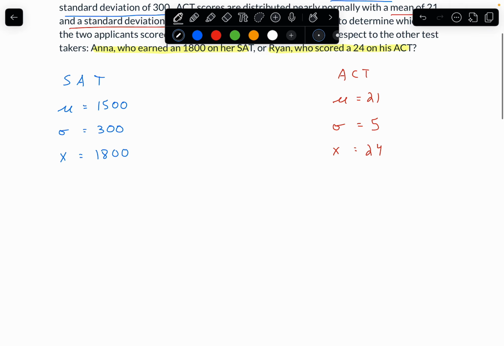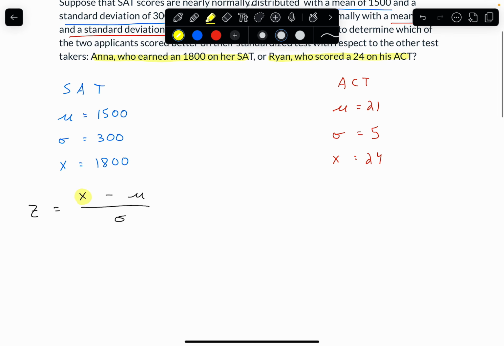So now we're going to find the z-score. In both cases, my z-score formula is x minus the mean divided by my standard deviation. The mean and the standard deviation hopefully are pretty self-explanatory, but x is our observation. That's that real-world data value. In this case, if I'm looking at the SAT scores, that would be a score of 1,800.